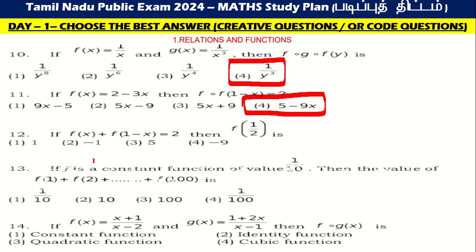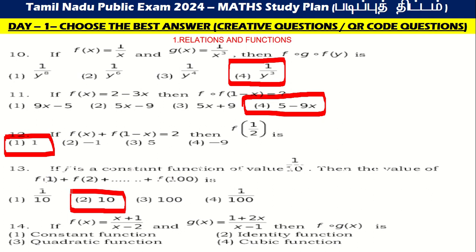Then, f of x plus 1, f of 1 minus x is equal to 2, then f of 1 by 2 is option A, that is, the answer is 1. Then, if f is a constant function, then the value of f of 1, f of 2 and f of 100 is, its answer is B.